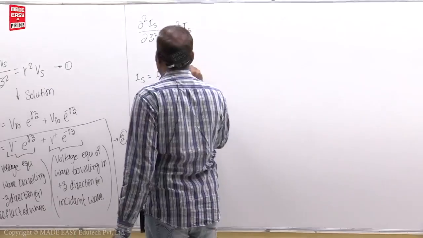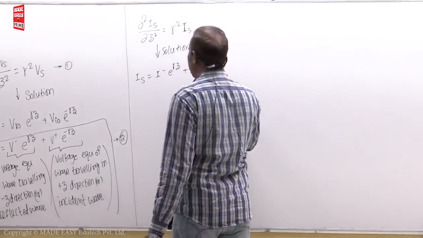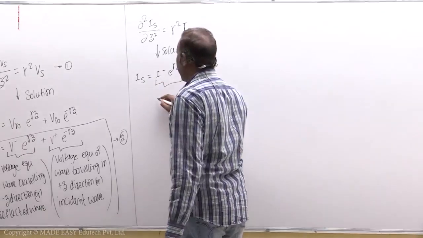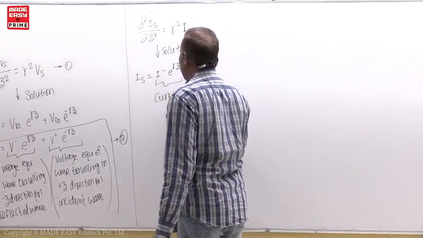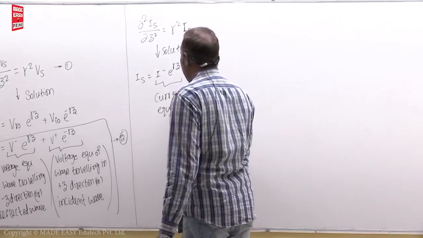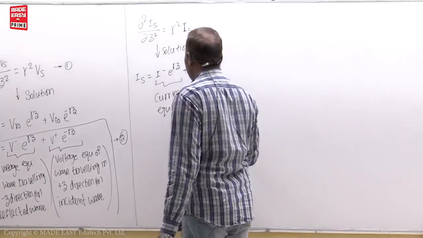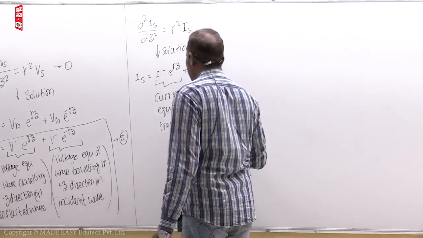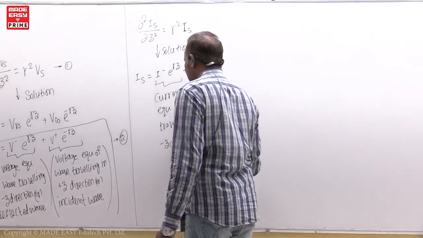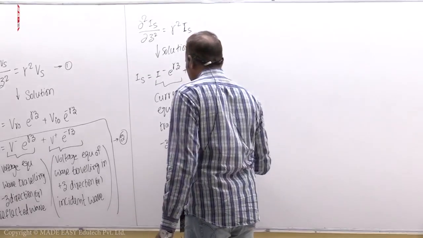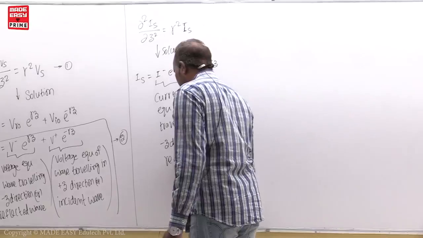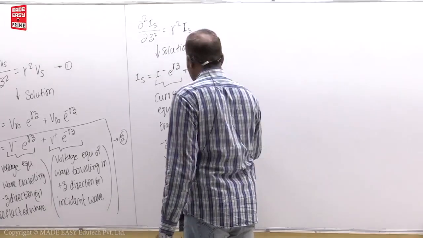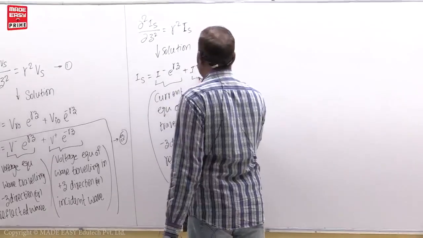So this is the current equation of the wave traveling in the minus z direction, or otherwise the reflected wave.